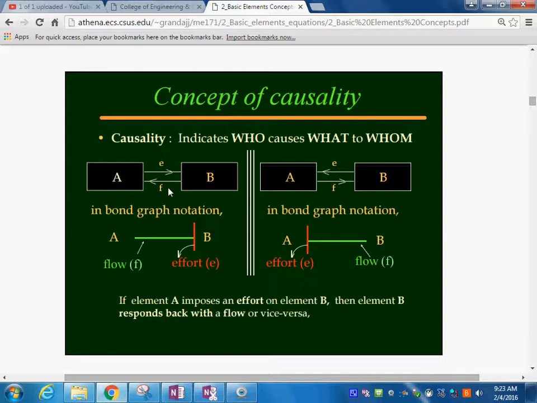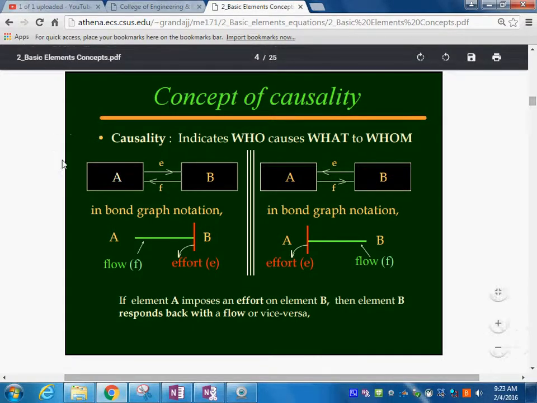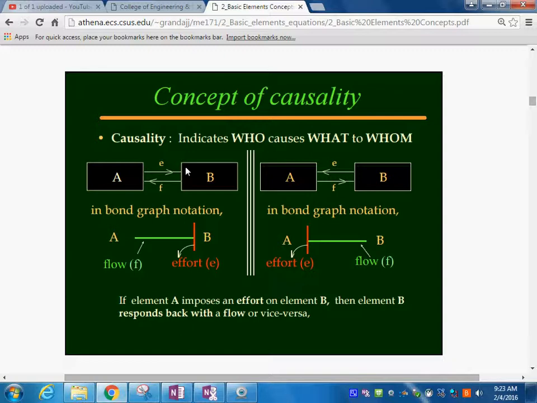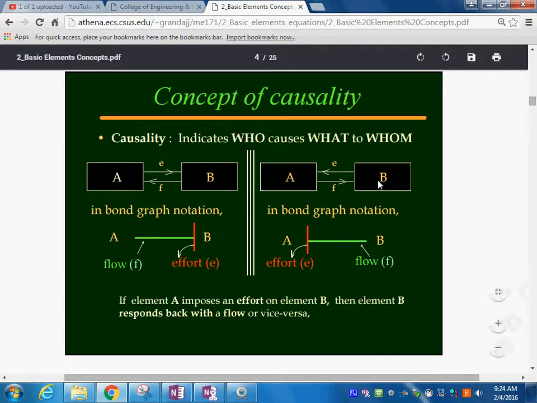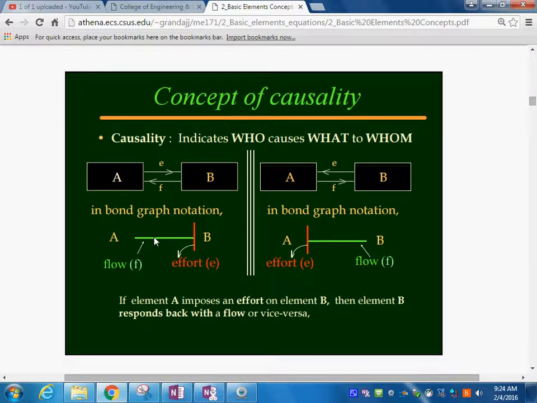Okay? The way we represent that in the symbols that we're proposing is that at the top you have this block diagram that is actually self-evident. A applies E to B, B responds with F. This one says B applies E to A, and A responds with F to B. We use this notation, a line and a crossbar.